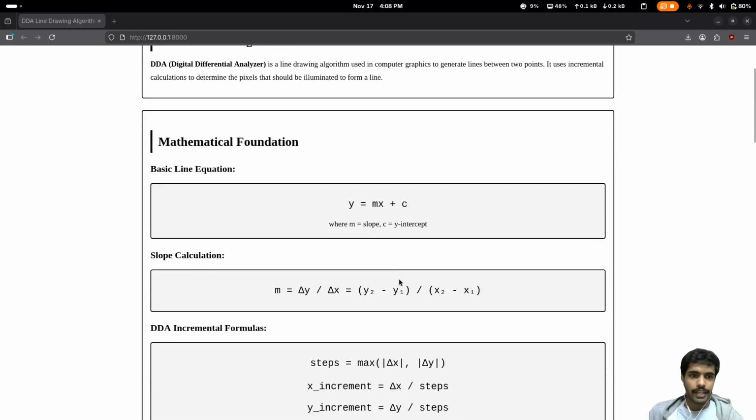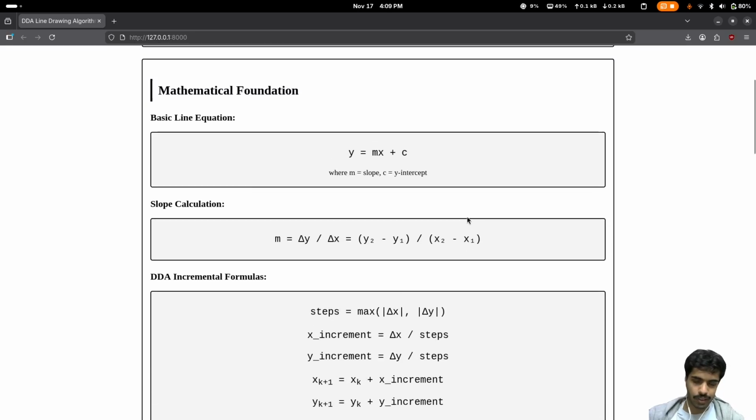So, the DDA algorithm's basic core math is this equation, y is equal to mx plus c. This is a basic line equation in which y is the y coordinate, m is the slope, x is the x coordinate, and c is the y intercept, meaning the point at which the line cuts the y axis.